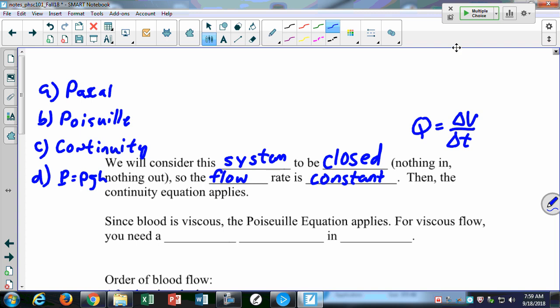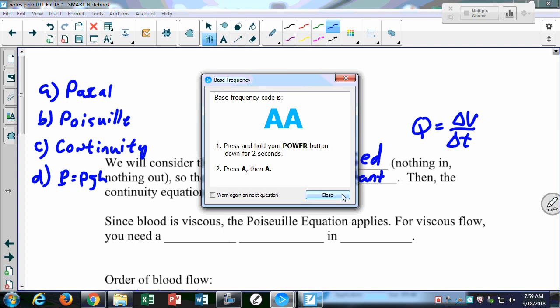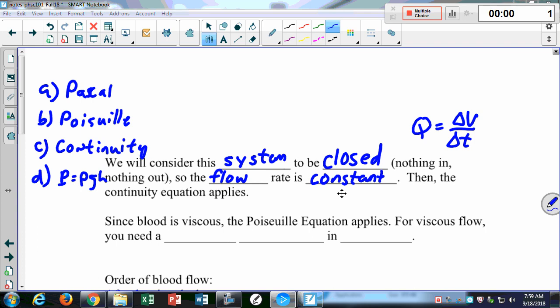So the statement that a system is closed so that the flow rate is constant gives rise to which of these equations?